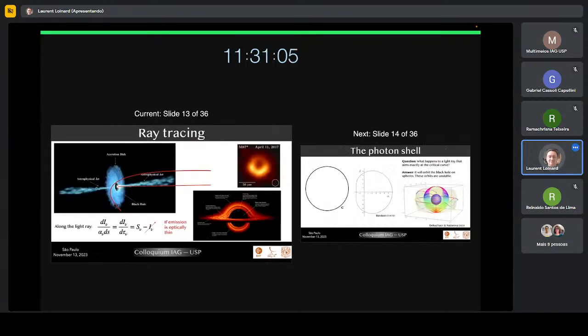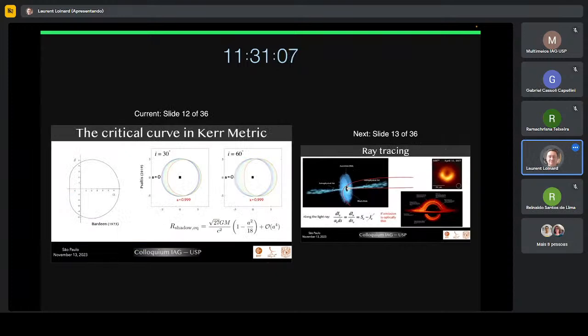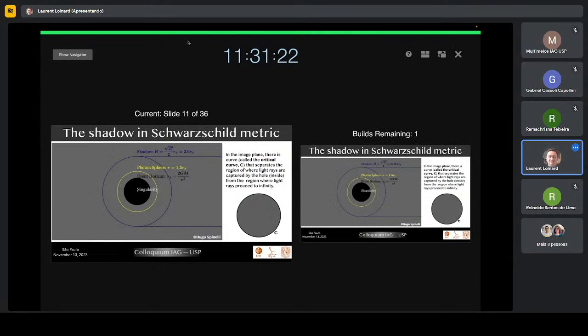So this means that if you look on the screen, your screen is separated in two regions. One region, marked in gray here, are all the light rays that do cross inside of the photon sphere and end up in the black hole.